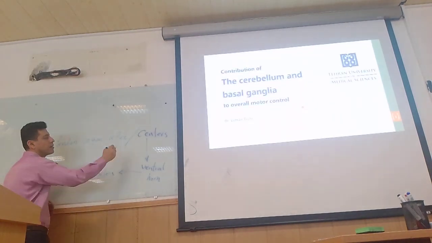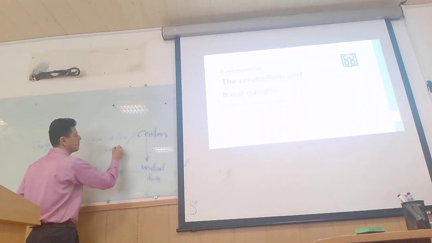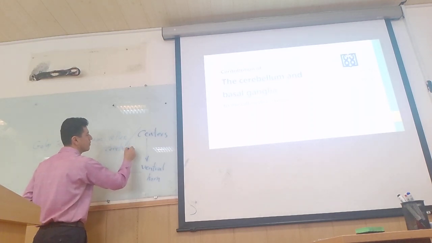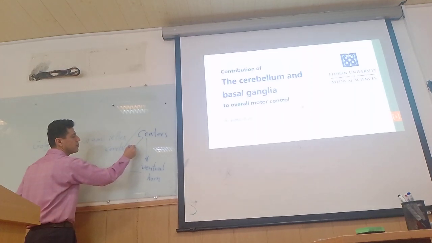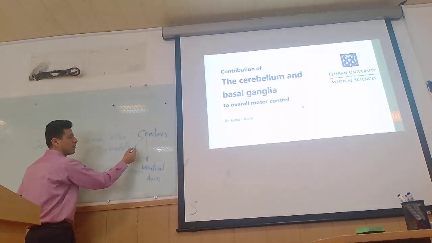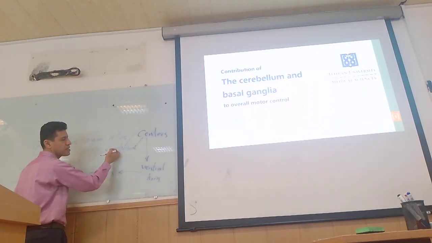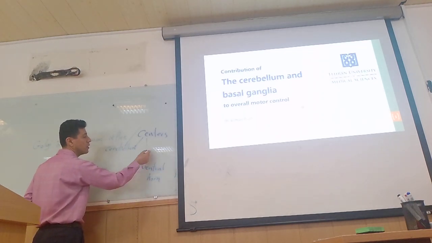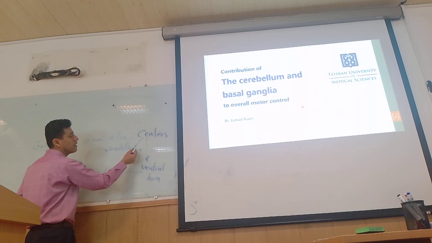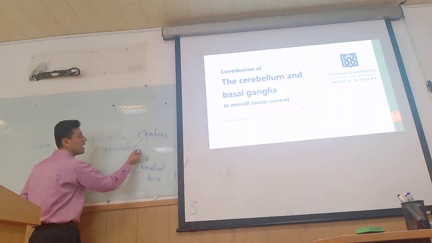But the cerebellum generates a loop between the centers, right? So it receives information from the centers and also sensory information from the dorsal cord. Then it sends the information back to the centers.